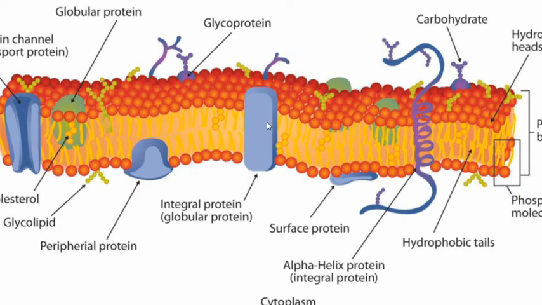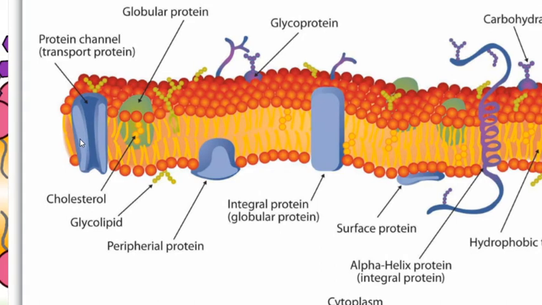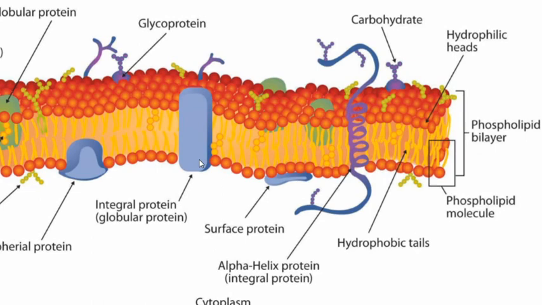Integral proteins are solid proteins which go through the cell membrane, but they are not hollow. The main difference between integral proteins and transport, channel or transmembrane proteins is that the transmembrane protein is hollow from inside, and the integral protein is solid.